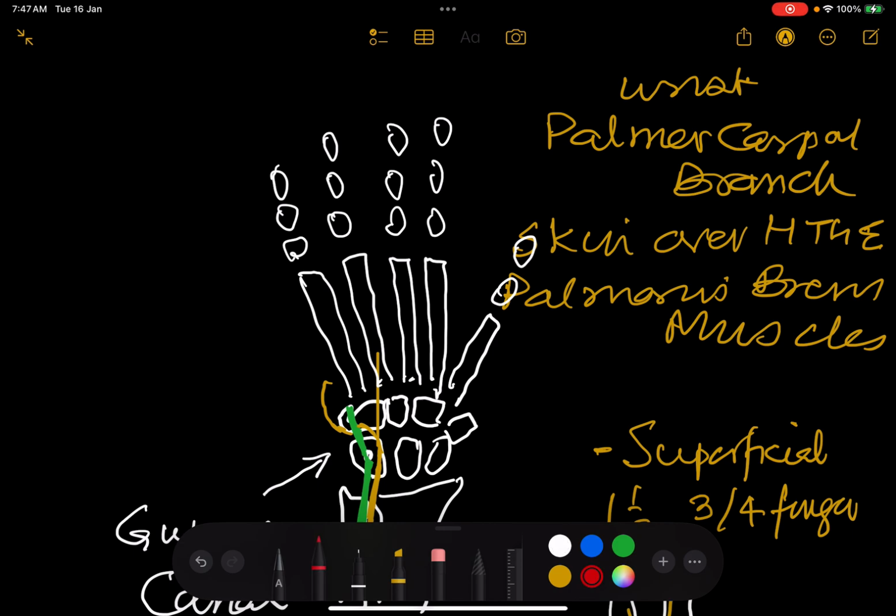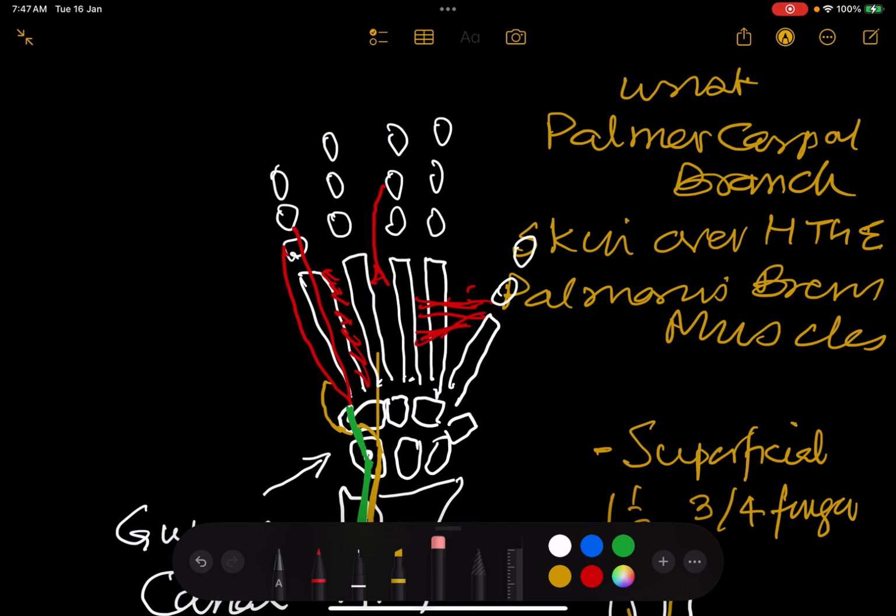Now I told you that there are the abductor digiti minimi, flexor digiti minimi, and opponens digiti minimi. Then there are the interossei, and here you have the adductor from this metacarpal.